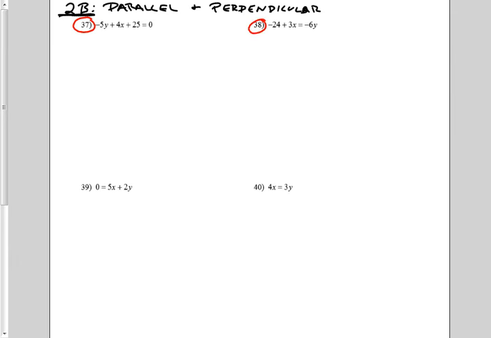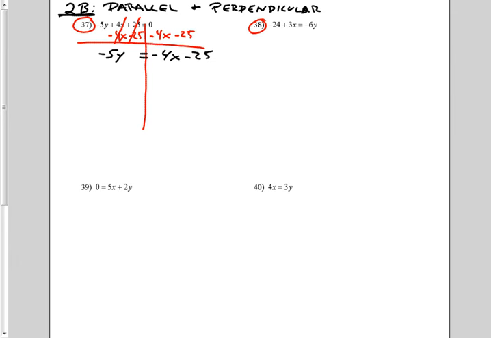The first step in all of these will be to solve this for y. So in this case, I'm going to subtract 4x, and I'm going to subtract 25. Cancel, cancel, and I'm left with negative 5y is negative 4x minus 25.